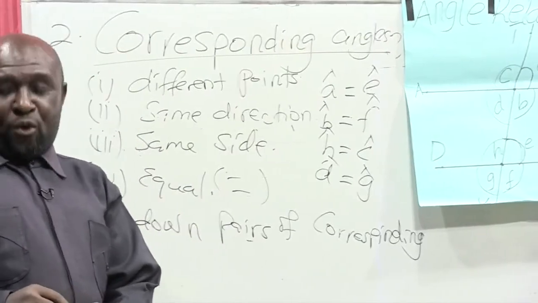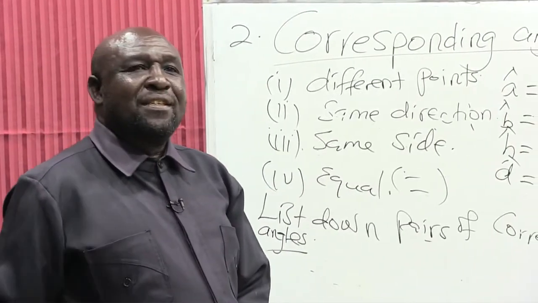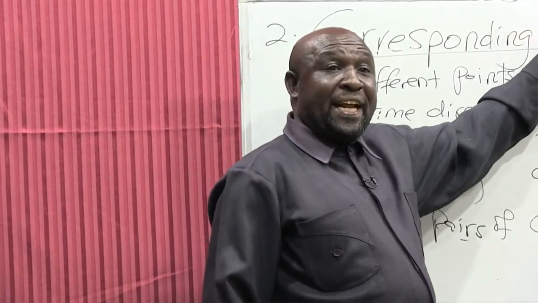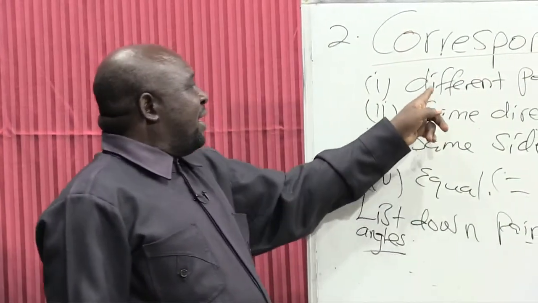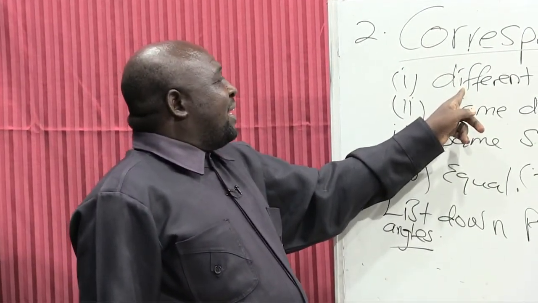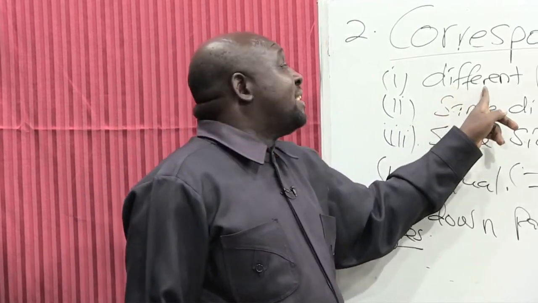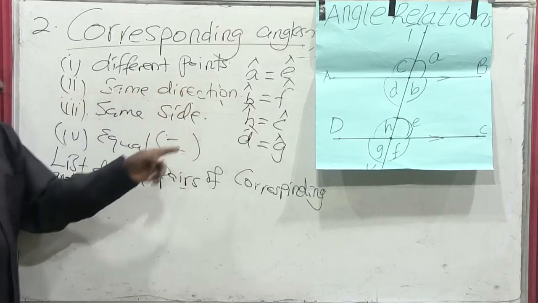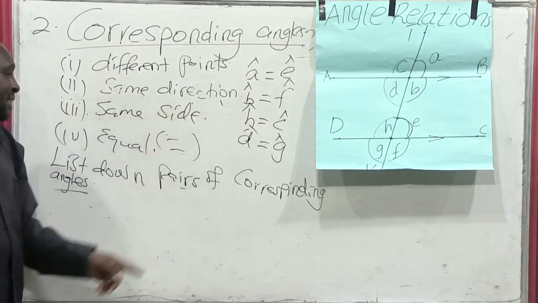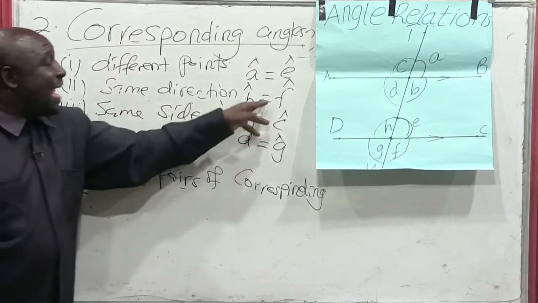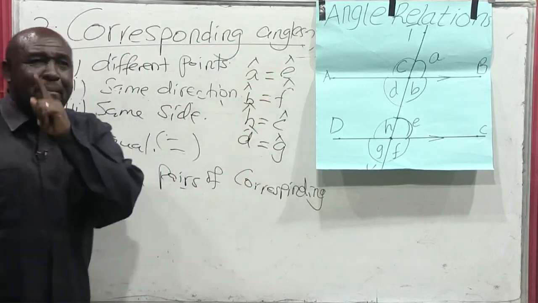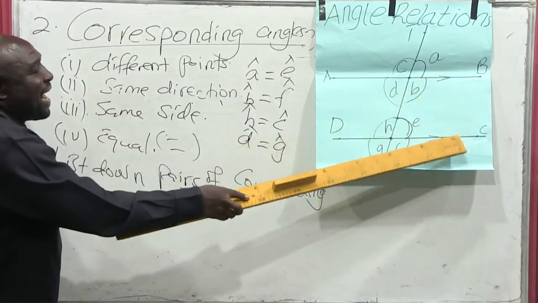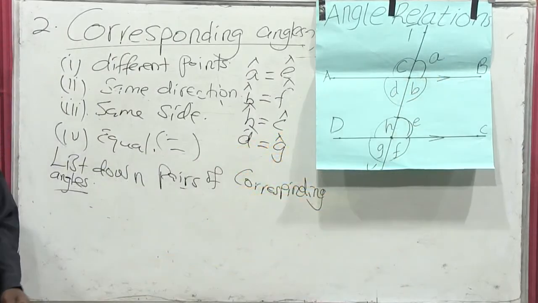So, we can conclude that pair of angles are corresponding if they are at different points, same direction, same side, and they are equal. Now remember, for a corresponding angle to be formed, parallel lines must be there.